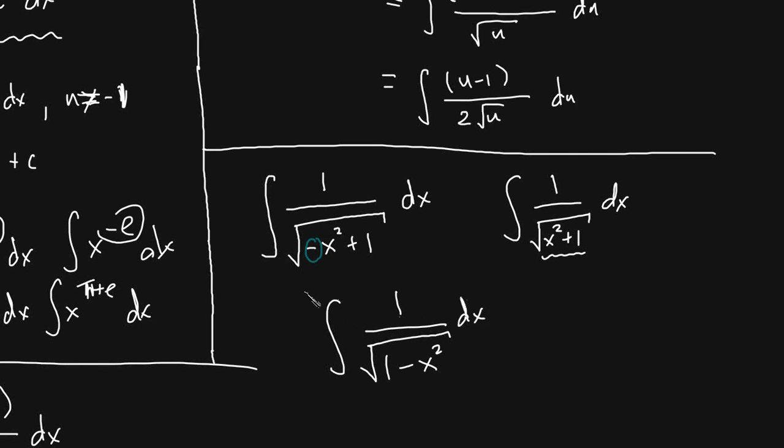If you ask students these two questions, maybe a few questions apart from each other, you may be surprised as to how many students get 1 over the square root of 1 minus x squared correct, or that integral correct, but are unable to do the equivalent one, where all I've done is just change the order of 1 minus x squared and rewritten it as negative x squared plus 1.